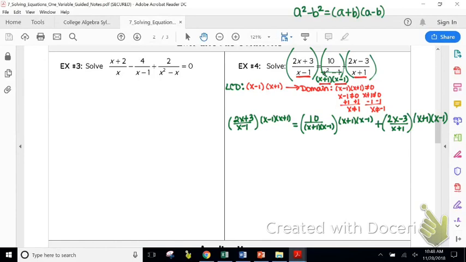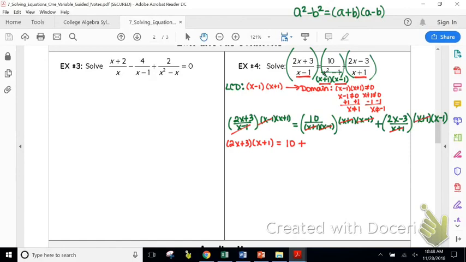All right, and then we're going to do our canceling. So my x minus 1's cancel. So I'm left with 2x plus 3 times x plus 1 equals, my x plus 1's cancel and my x minus 1's cancel. So I'm just left with that 10 plus, my x plus 1's cancel.